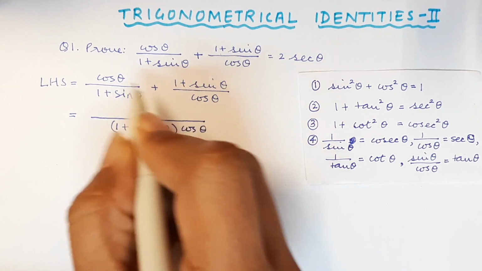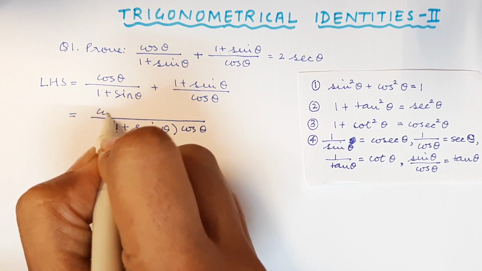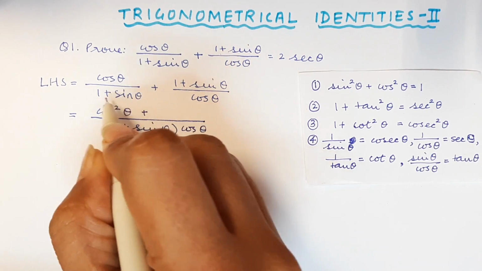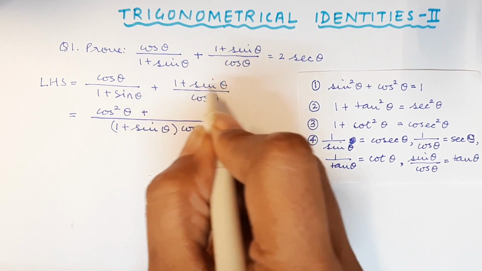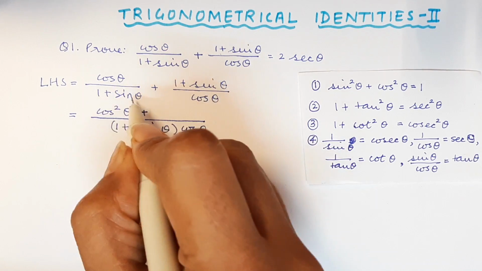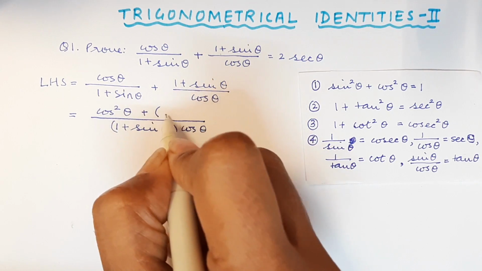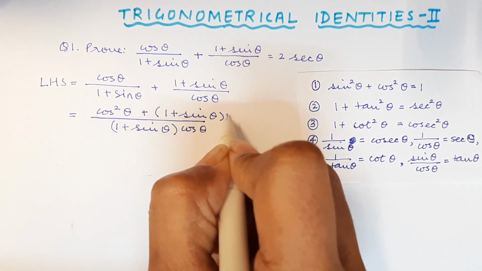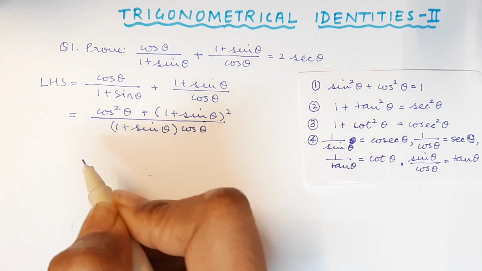And so cos theta will multiply here. It becomes cos square theta plus 1 plus sin theta will multiply here. Now 1 plus sin theta, 1 plus sin theta, if you multiply, we get 1 plus sin theta whole square.